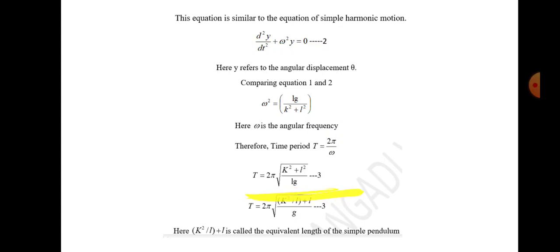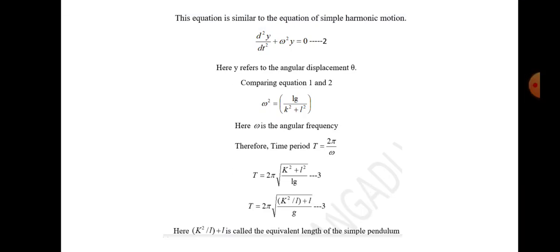You can finish it here, or divide both numerator and denominator by L: k square by L plus L, and the L in the denominator cancels, leaving T equal to 2 pi root of k square by L plus L divided by g.